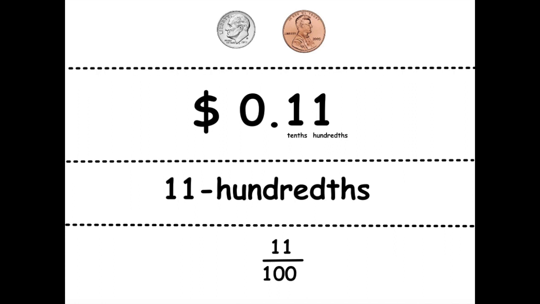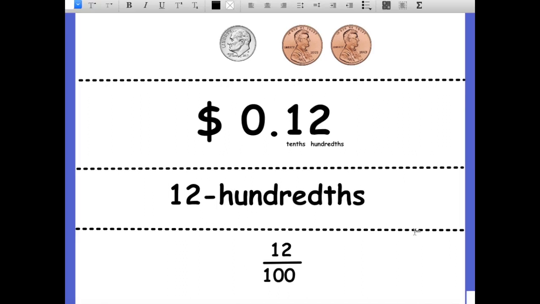A dime and a penny is 11/100ths of $1. A dime and 2 pennies is 12/100ths of a dollar. A dime and 3 pennies is 13/100ths of a dollar. And so on and so forth.